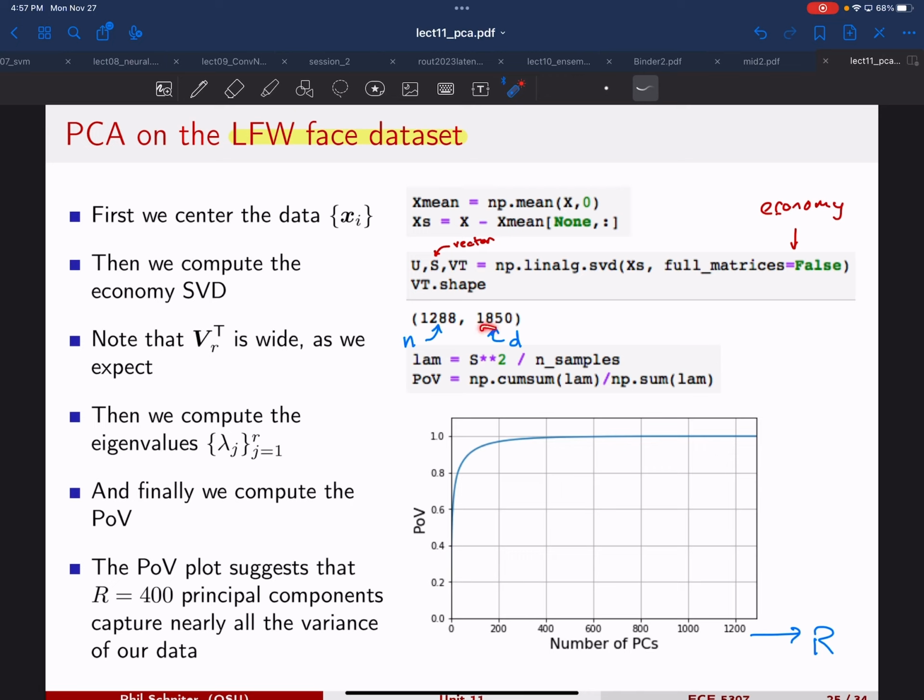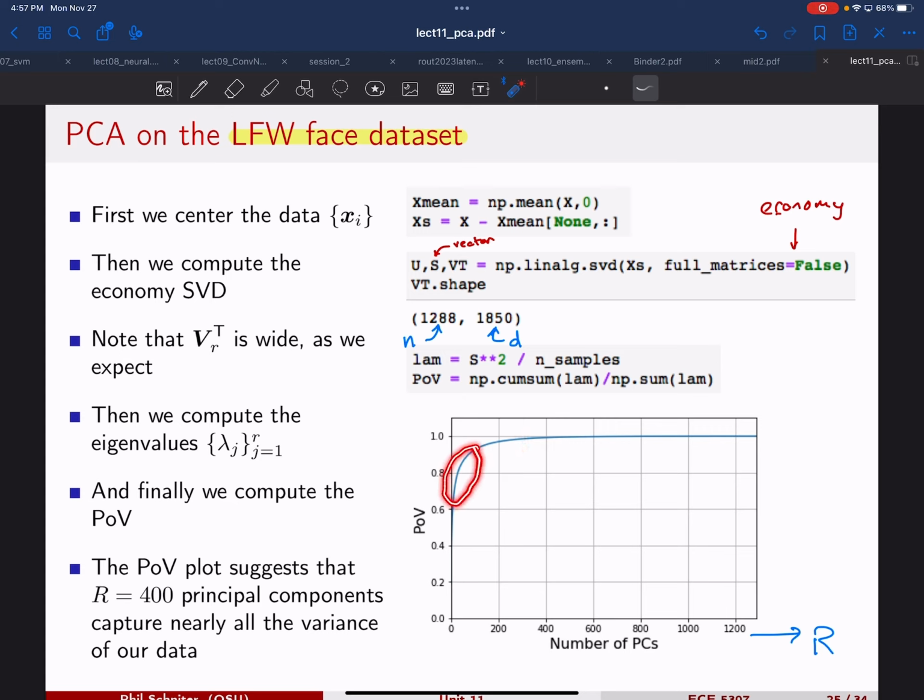We don't actually need to work in this full space. It's sort of, you could say, redundant. So here we saw this curve before. Proportion of variance, you can see we can do a pretty good approximation already at 300.